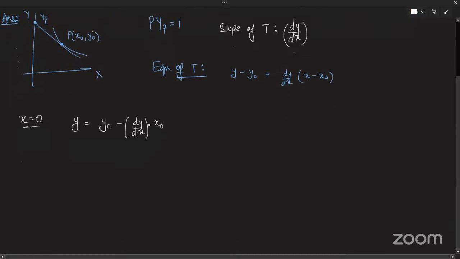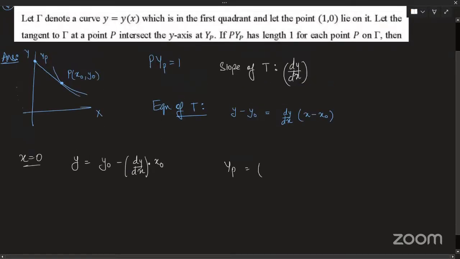So can you tell me what will be my coordinates of yp? What is my x coordinate of yp? yp means where this tangent is intersecting the y-axis.